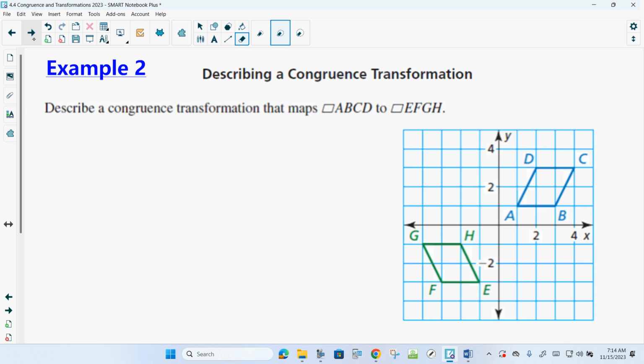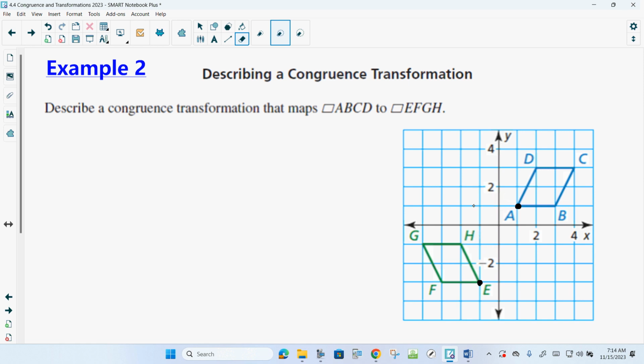Describe the congruent motion that maps ABCD to EFGH. Now, looking at this, you have to understand which one goes with which. So A goes with E. So this is not a rotation. A rotation would end up with A turning over here, and so that's not true.